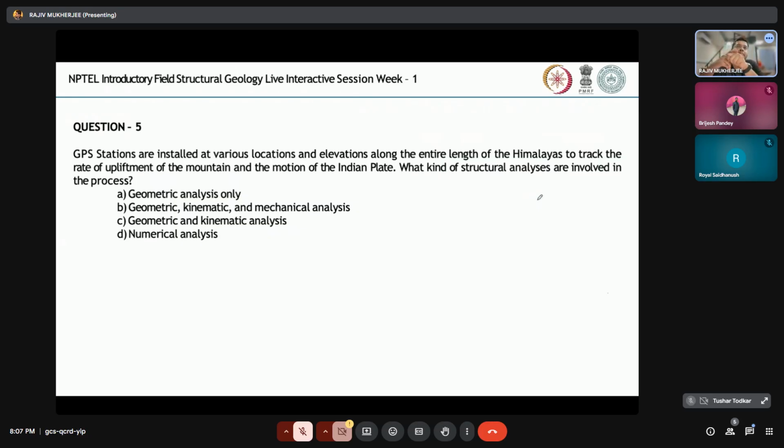So you go to a field, you see structures, right? So the purpose of carrying out field work was limited to small scale exposures until we had satellites. Now we can carry out field work within a range of thousands of kilometers in just an hour through satellite imagery and remote sensing.